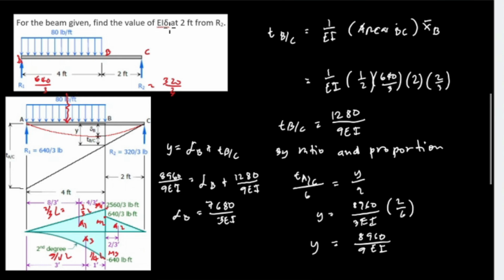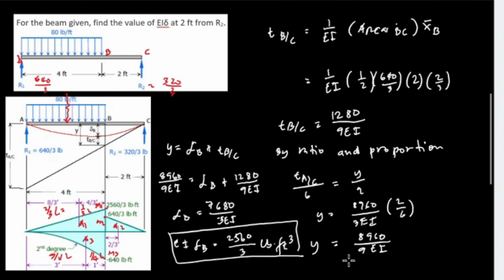In terms of EI delta, or deflection, EI delta at B is equal to 7680 over 3, that's 2560 all over 3, and it is in pound foot cubed, and this is the value for EI delta B, and that's the answer.